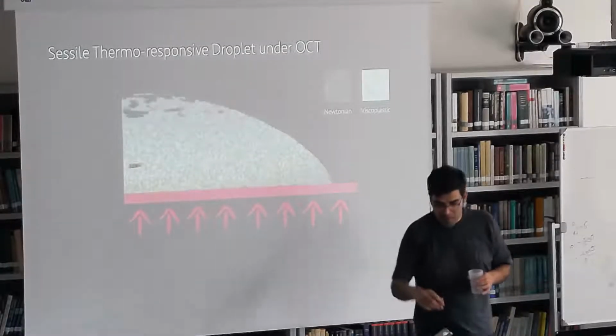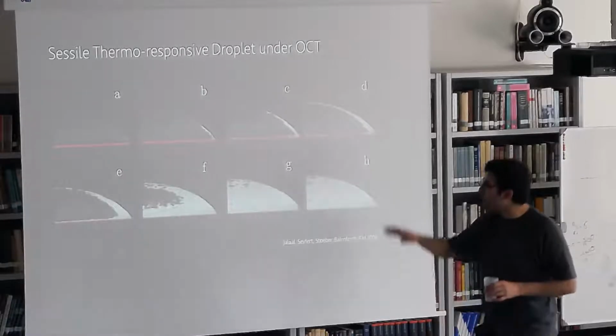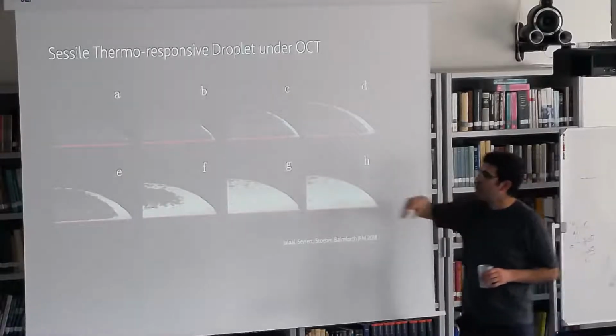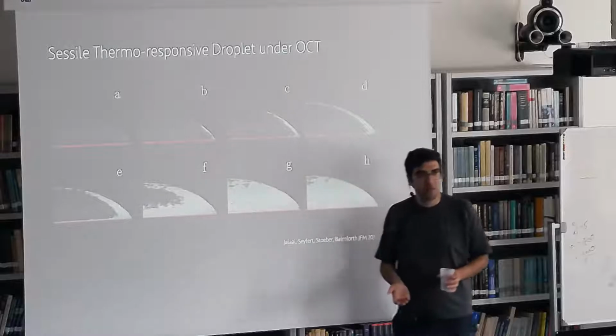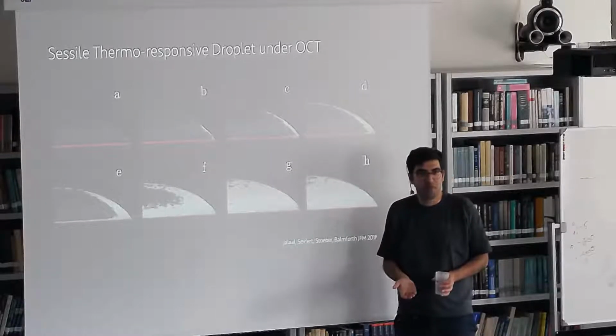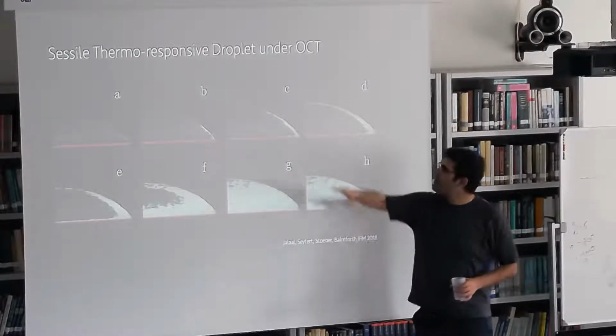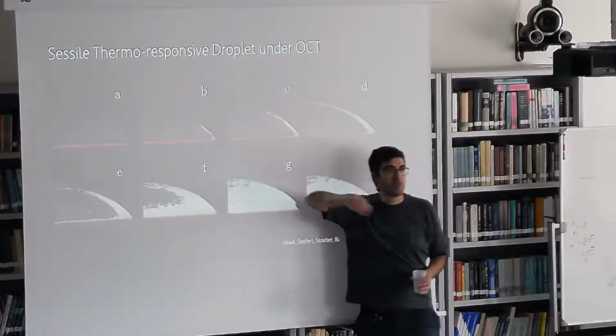So this confused me for a very long time. So these are the snapshot of the same experiment. That why I heat from bottom, so I'm expecting solidification happens from bottom. But every time I did the experiments, the solidification starts from the skin on the interface.